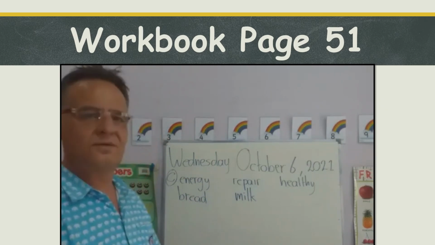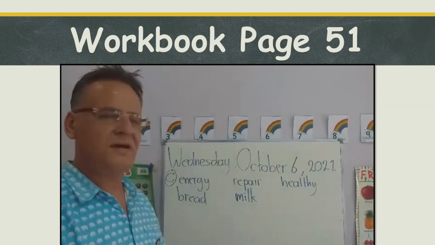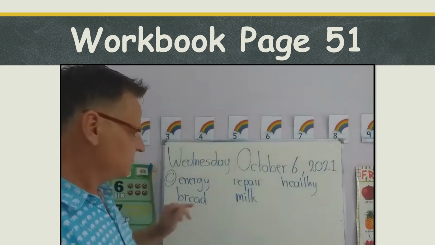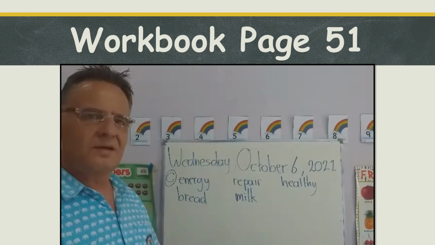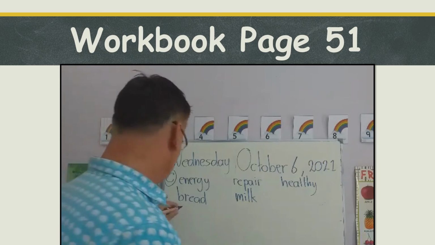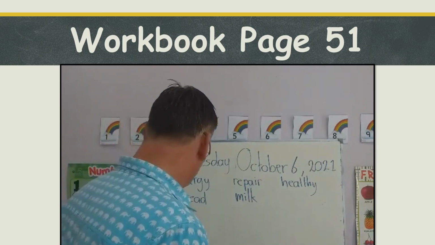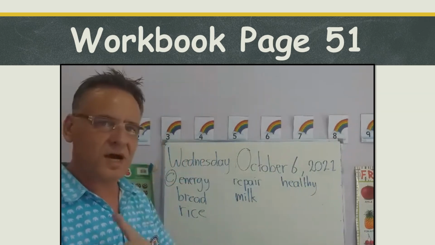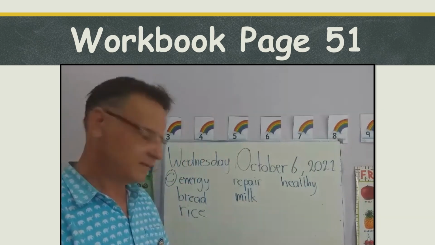Next one, rice. You eat it every day, I think. I don't eat rice that much. I eat more bread. Rice gives us energy, right? So rice goes also here together with the bread. Energy, because rice has a lot of carbohydrates.